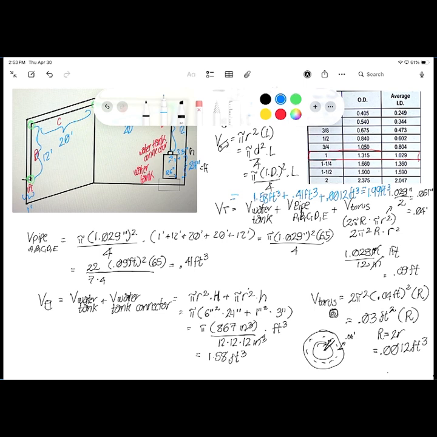So that would be all the water that's going through the pipe and into the water tank. So it would be a completely filled system. That would be the total volume.